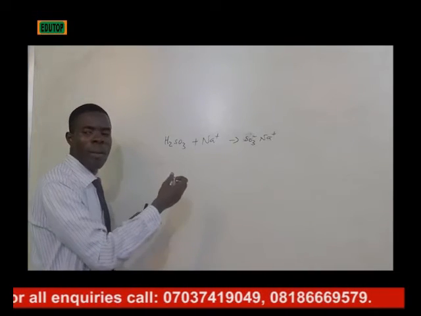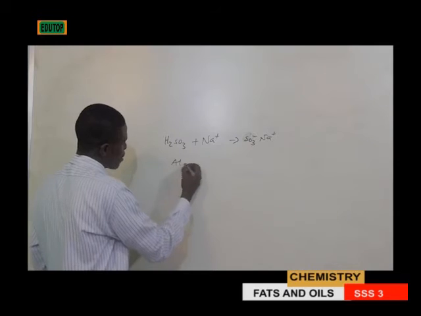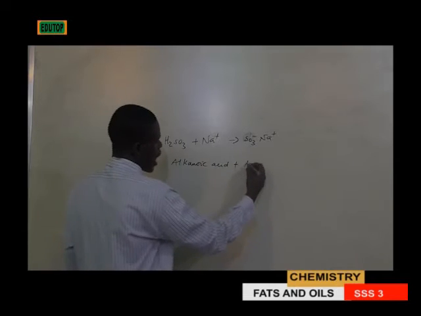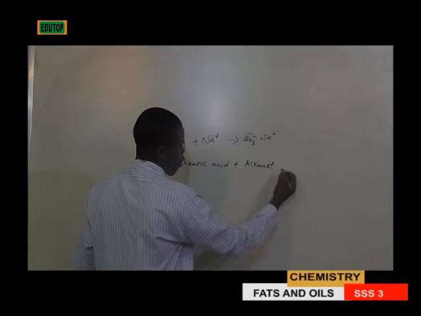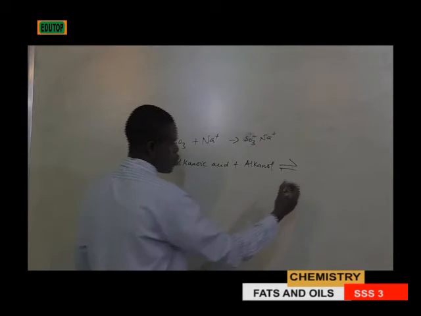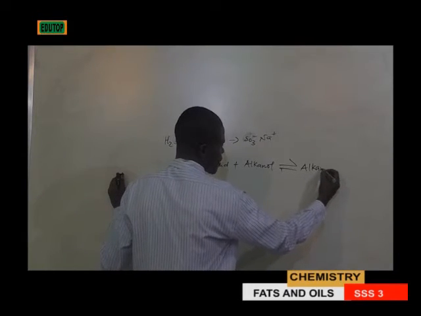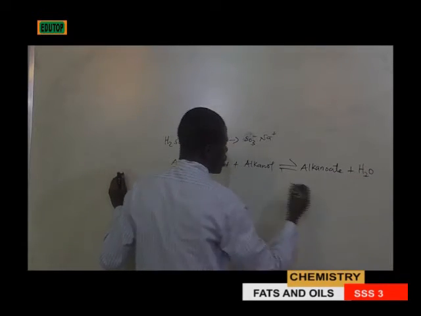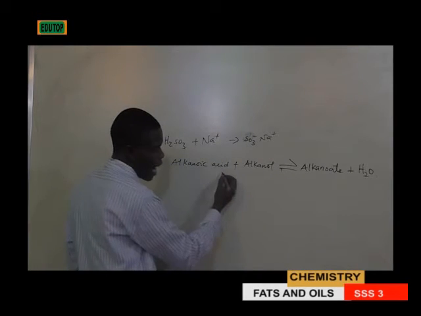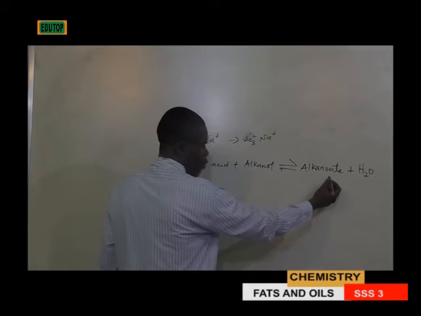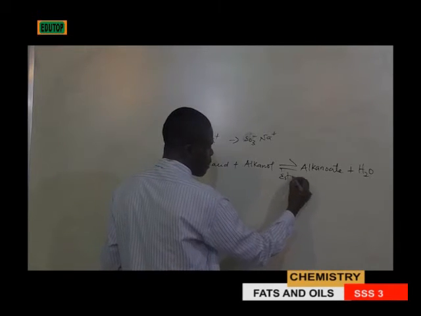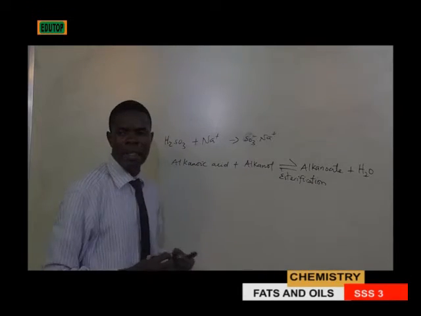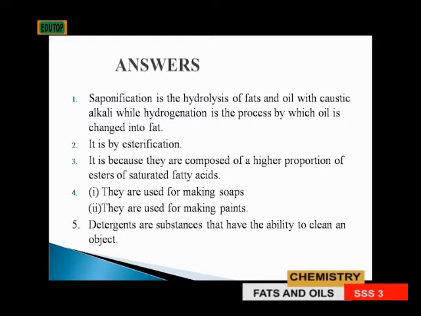Alkanoates are produced when alkanoic acid reacts with alkanol in a reversible reaction to give alkanoates, which are also known as esters, and water. This process is known as esterification. So the answer to question number two is the esterification process.